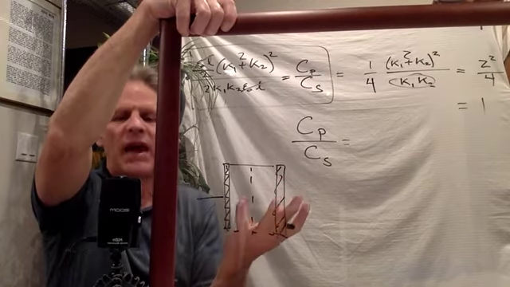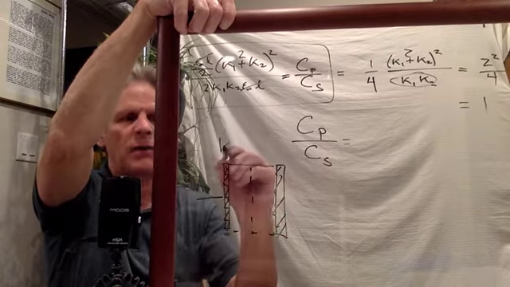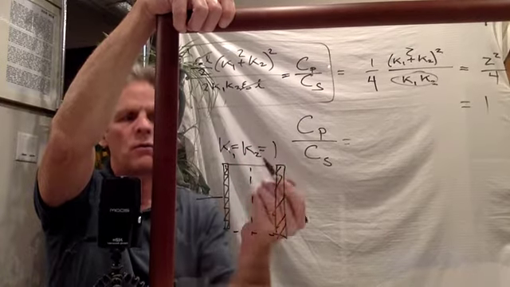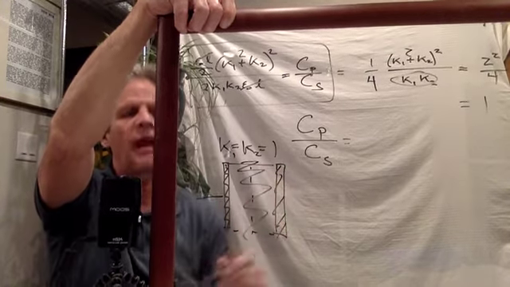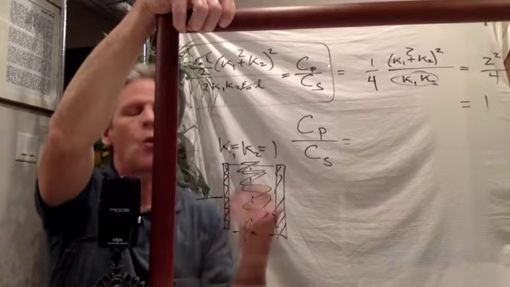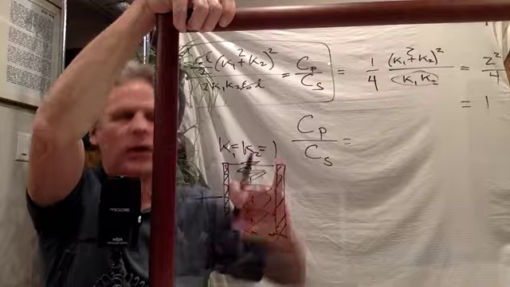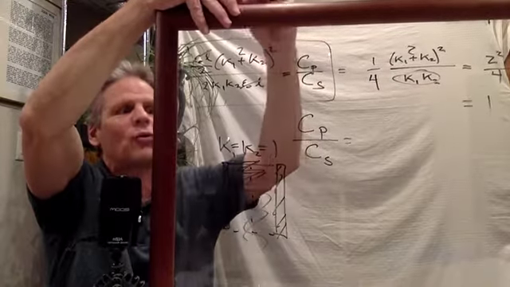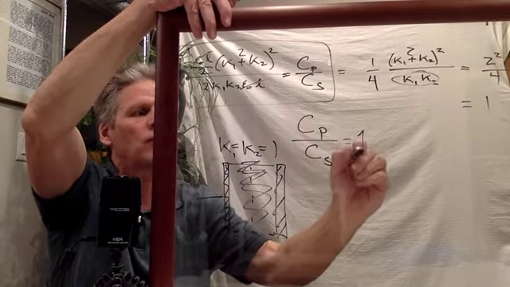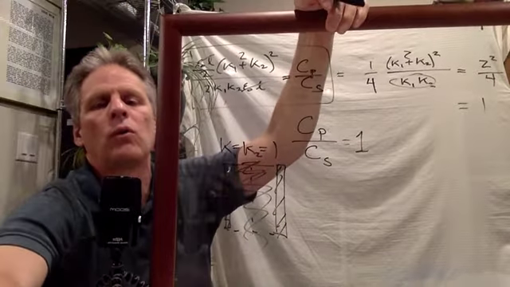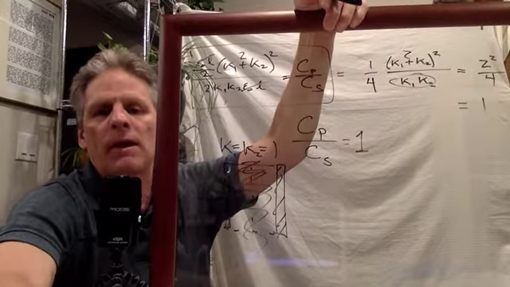So what did we have in both cases? If kappa 1 equals kappa 2 equals 1, what we're saying is this is filled with air. If it's filled with air, what is the difference between the air turned this way or that way? There's no difference at all, which is why it makes sense that this ratio would equal 1 if kappa 1 and kappa 2 equal 1. Okay, that's it.